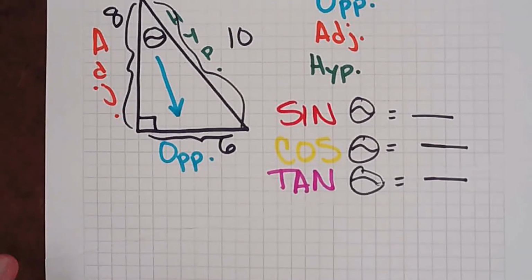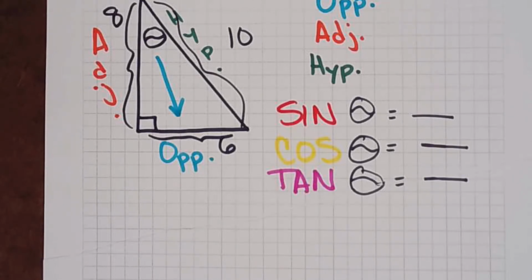But remember, sine, cosine, and tangent relate the sides of the triangle to the angle. On one side you have sine and the angle, and on the other side you have the ratio between the sides. Sound it out if you have to.